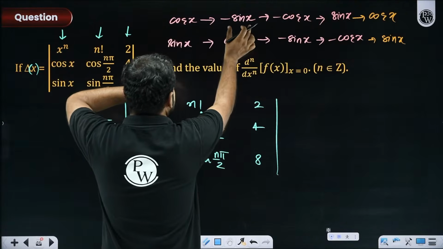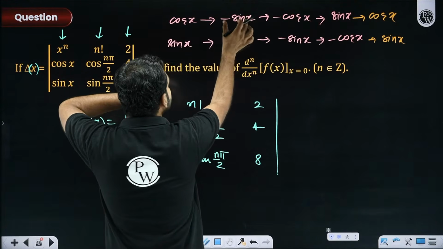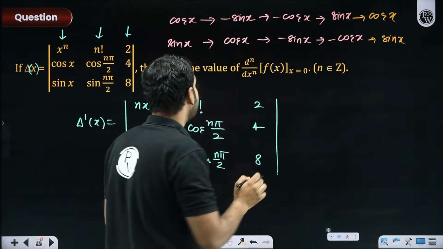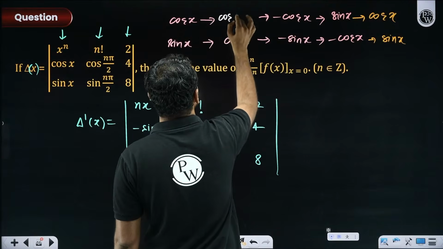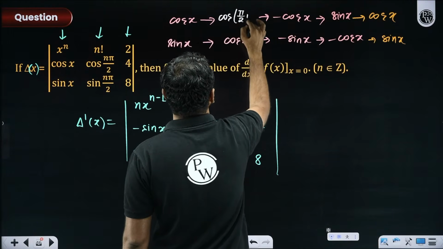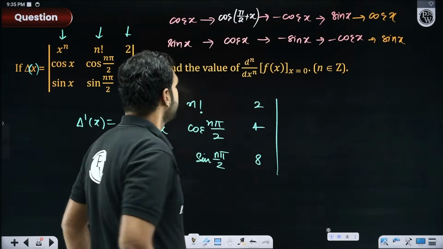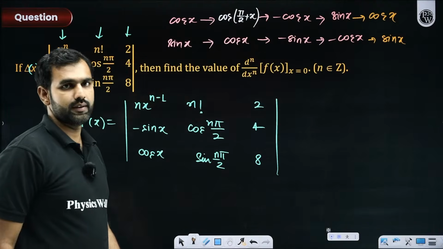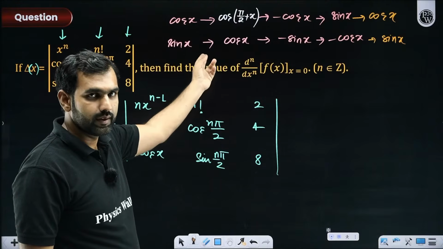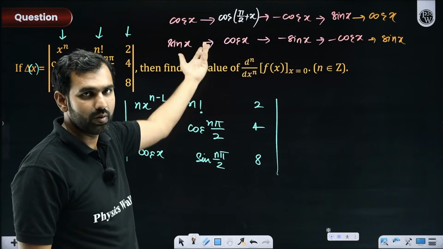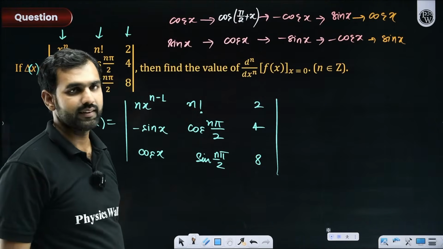This is minus sin x. Can I write it in terms of cos x? If I use cyclicity, minus sin x, can I write it as cos of pi by 2 plus x? Are you okay if I do so? Second quadrant, pi by 2 will make it sine, and second quadrant will make it negative. So it will be minus sin x.